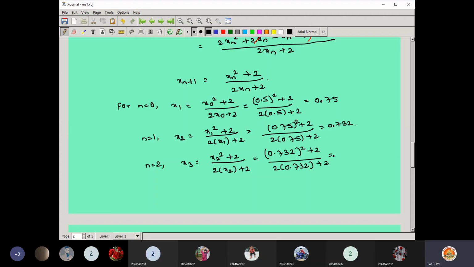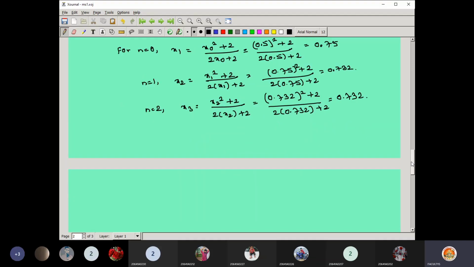So you are getting 0.732. Same answer. So you are getting the answer finally, 0.732, same answer. Since the last approximate roots are equal, now you can stop the process.